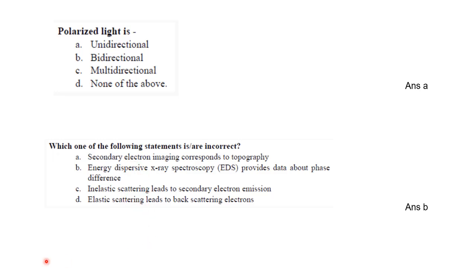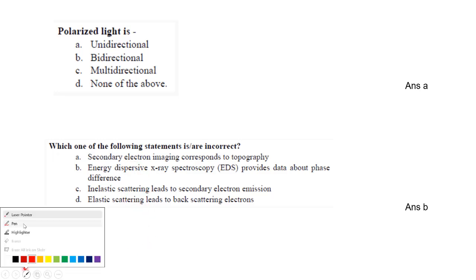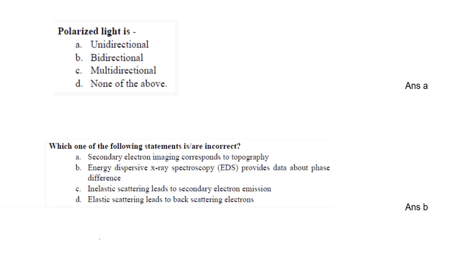So I can draw it. Suppose this is the surface of our sample, and the electron beam is falling on it. The secondary electrons basically come from the surface, so this will give us the information on the topography, that means the surface.